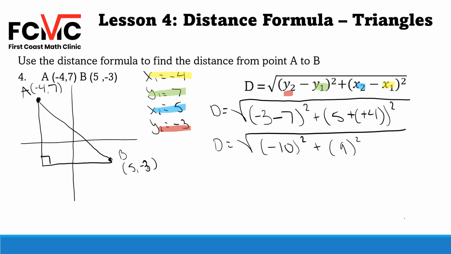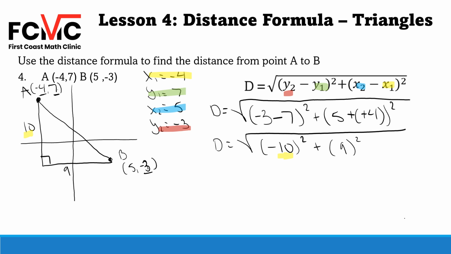All right, to find our height, our change in y. Well, what's the difference in our y values? Difference between 7 and negative 3 is going to be 10. All right, so that is this value. And again, the negative doesn't matter because when we square it, it's going to become positive anyway. And our x value is going to be the difference between negative 4 and 5.